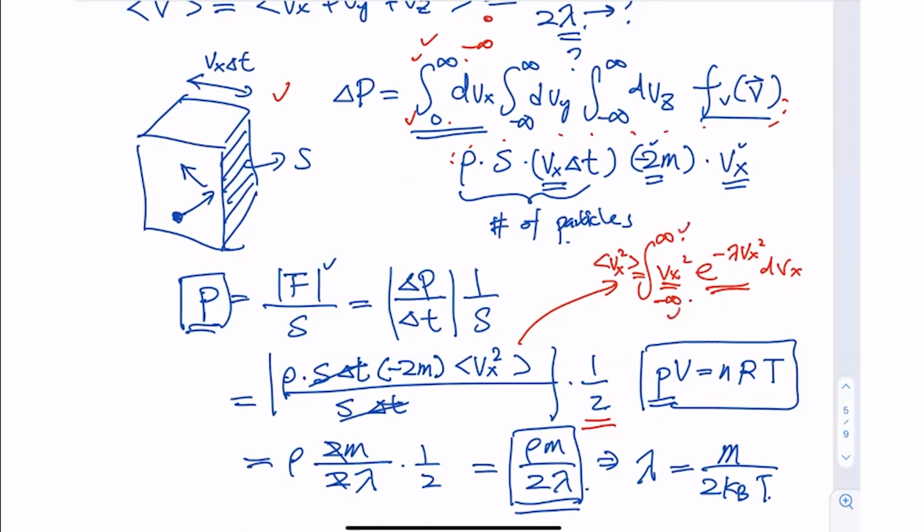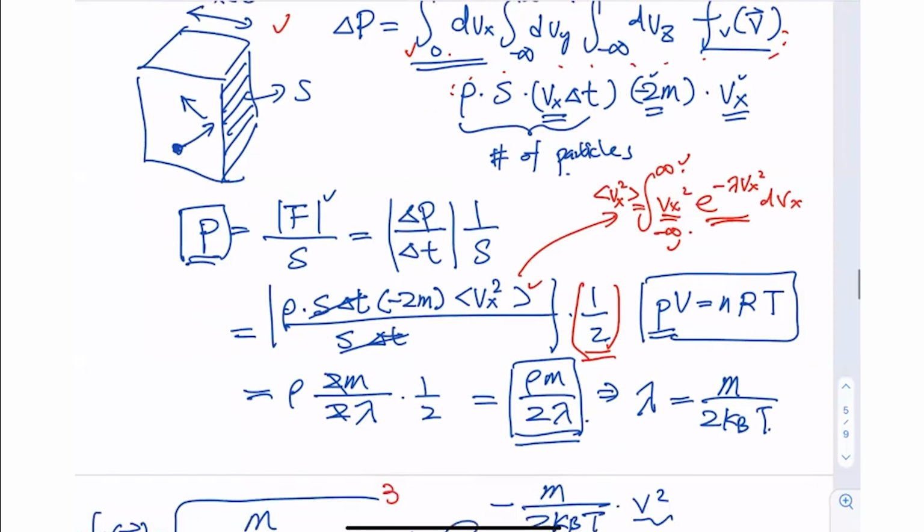In that definition, the upper and lower bounds of your integral are -infinity to +infinity. Because of that, when we replace our expression using this v_x squared expectation value, there's an additional 1/2 outside of the parenthesis. So that's where this 1/2 came from.